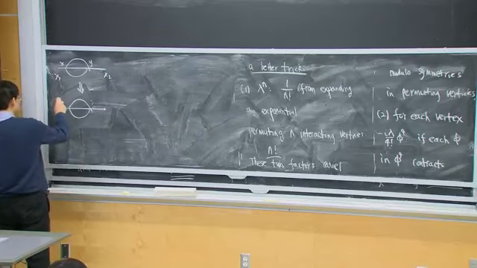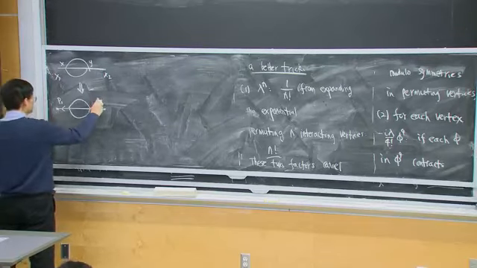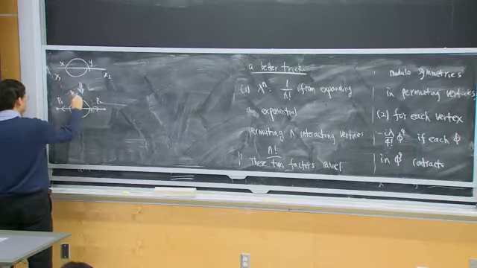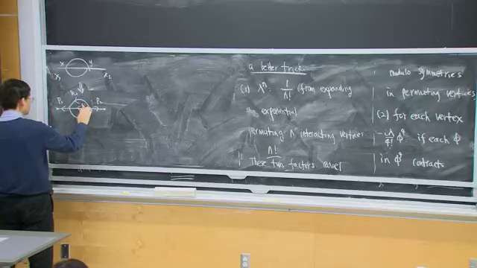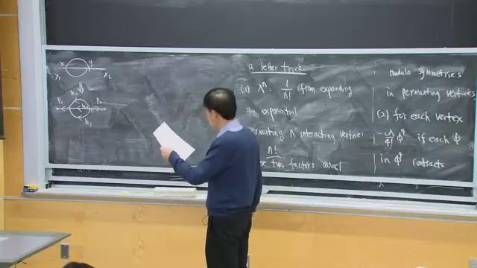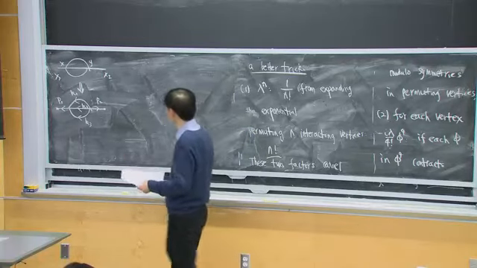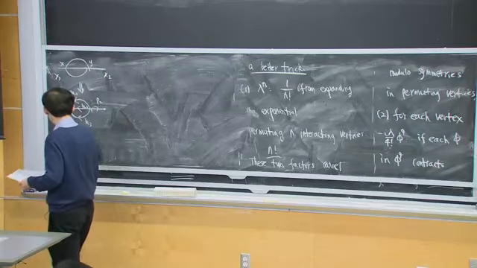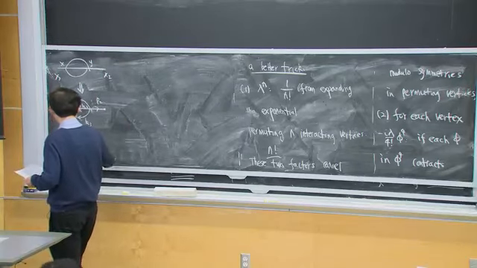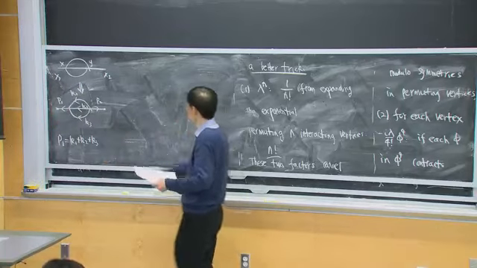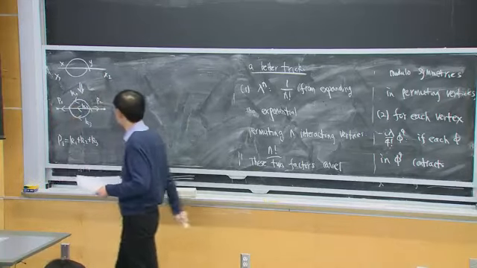So here I have a momentum p1, here I have momentum p2. Now let's call these k1, k2, k3. You can assign momentum direction as you want. Now we need to impose momentum conservation. So the momentum flows like that, which means p1 should be equal to k1 plus k2 plus k3, from momentum conservation at this vertex.